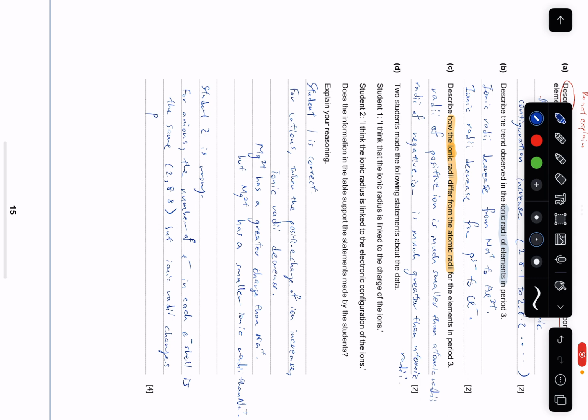Quote the data. So for example, P3 minus, S2 minus, Cl minus, they have your 288, but your ionic radii changes. There's a change. That's it.